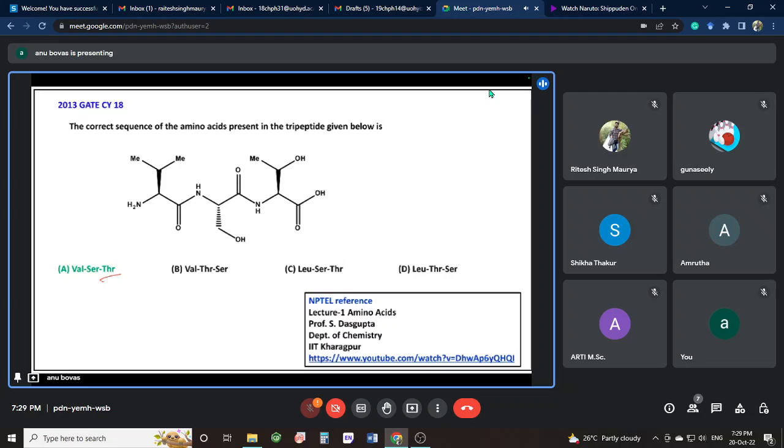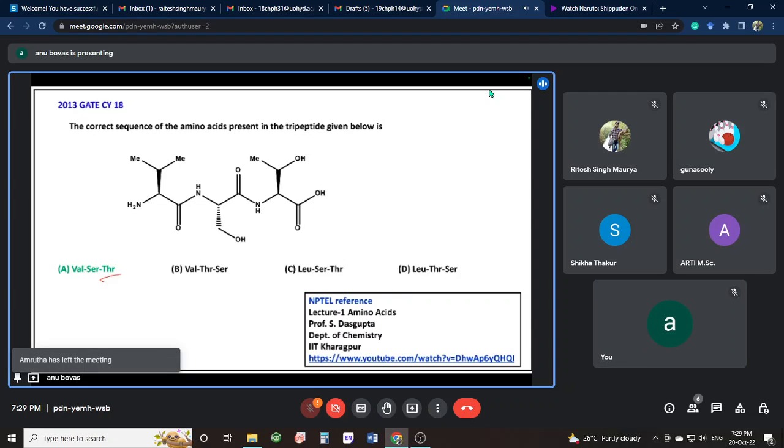These amino acids will come in coming classes, meaning coming questions also, because many proteins and all will be attached, like many things will be attached with the glutamic acid, aspartic acid and all. So if we know the structure, it will be easy for us to imagine. Okay, so you can take screenshot of the amino acids present.